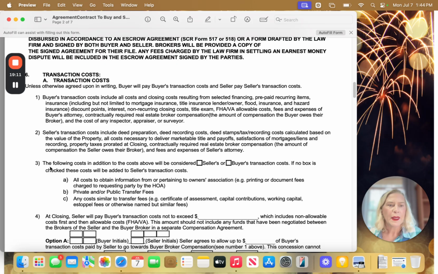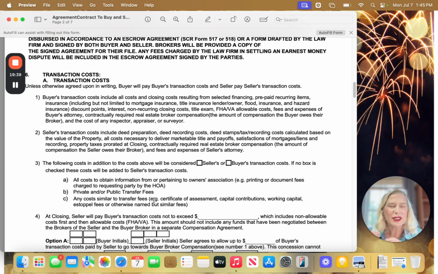Number 3 takes a few items that are always kind of questionable and allows the agents to designate who's going to pay these fees. These fees are homeowners association, printing or document fees that are requested by the HOA, any fees for a certificate of assessment, capital contributions, any public or private transfer fees.